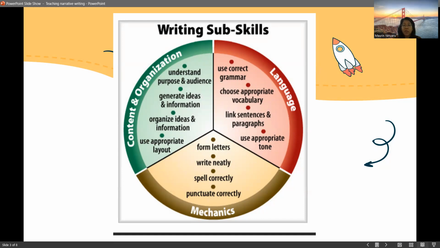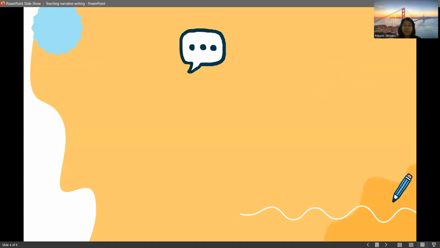For the language, use correct grammar, choose appropriate vocabulary, link sentences and paragraphs, and use appropriate tone. For the mechanics, the first one is forming letters, for young learners, and writing neatly, spelling correctly, and punctuating correctly.